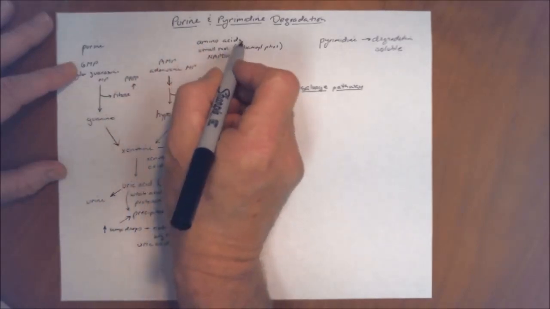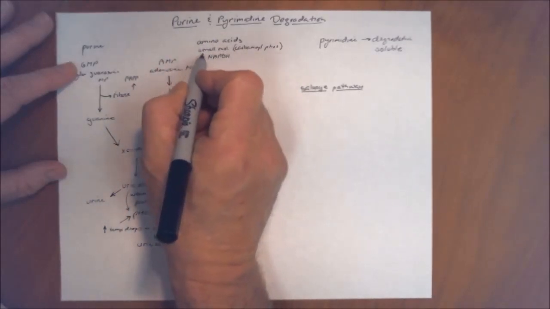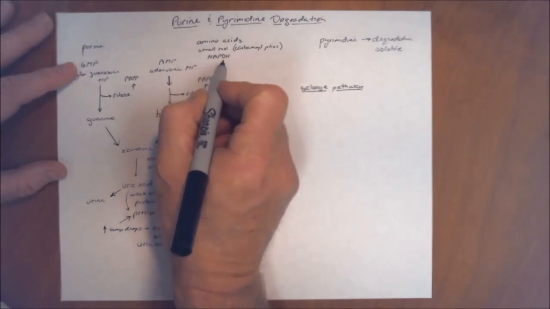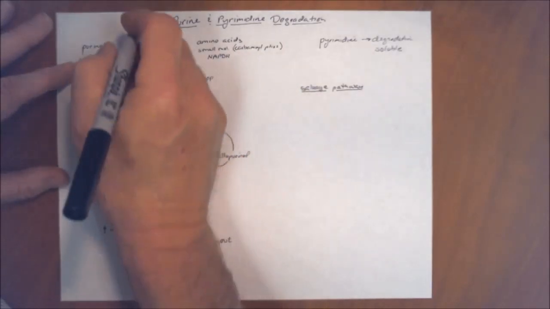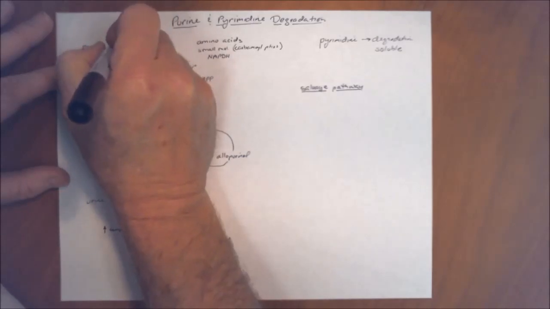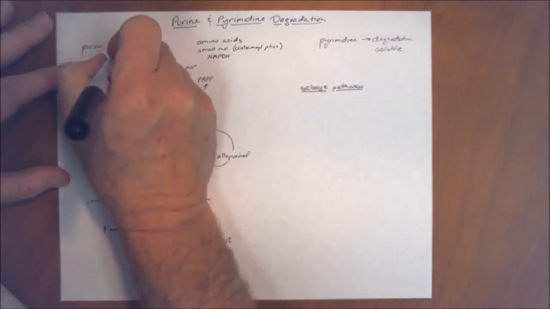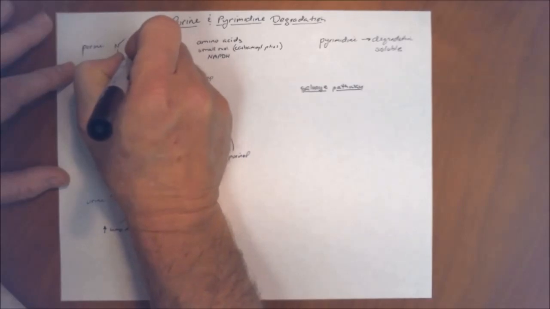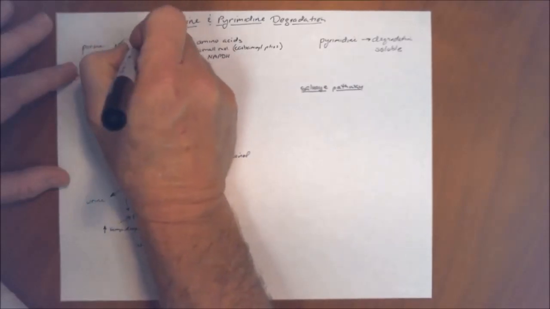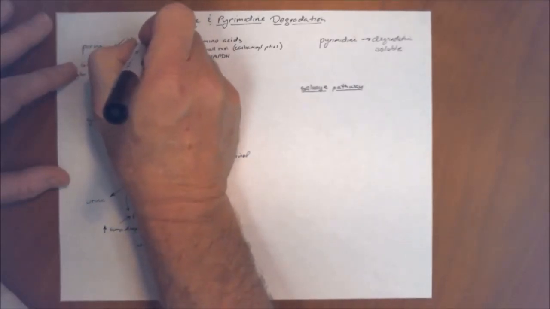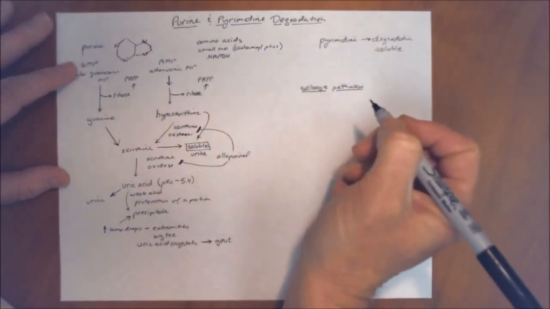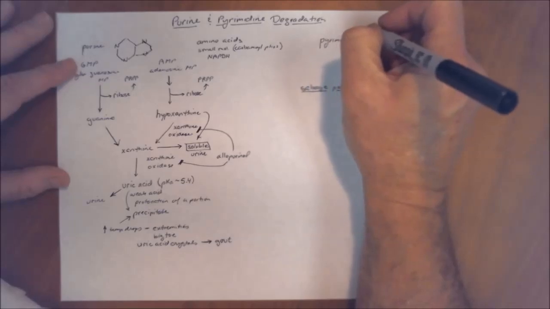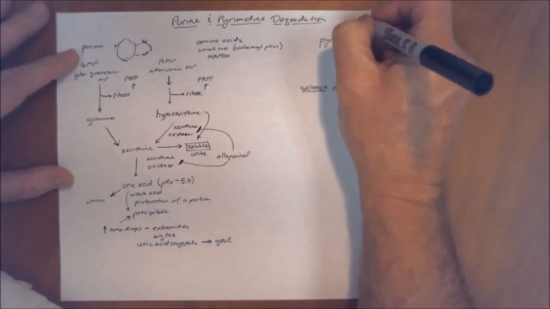So using these resources, amino acids and other small molecules along with reducing power, we're putting a very, very large amount of energy in constructing the pyrimidine ring as well as the purine ring.